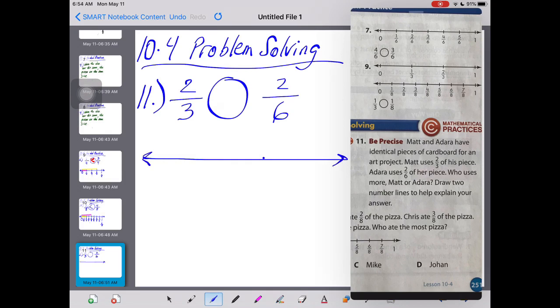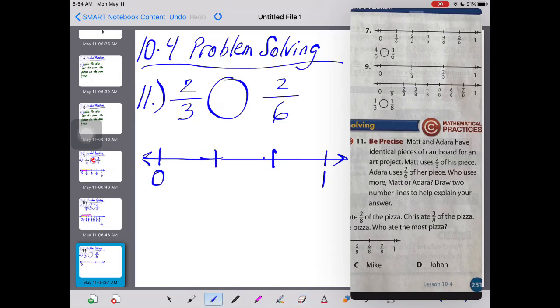Okay, so let's draw. Hopefully you drew your 2 number lines. So we'll go across, 0 and 1, and this will represent Matt's. And Matt's was cut up into thirds. So we need to make sure that we try to make 3 equal size pieces. That's close. Okay.